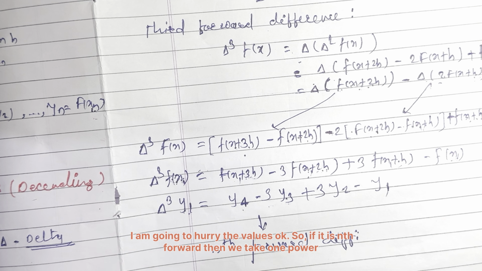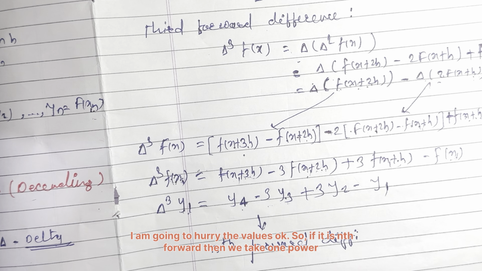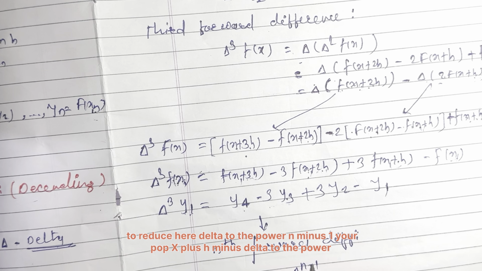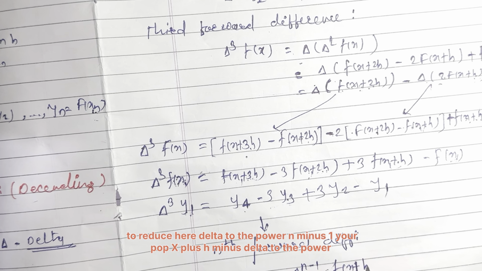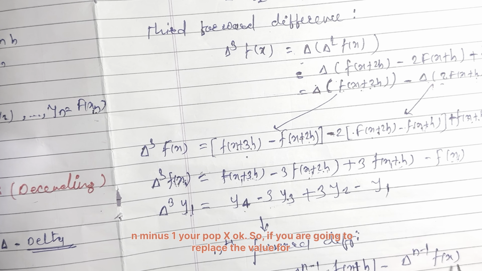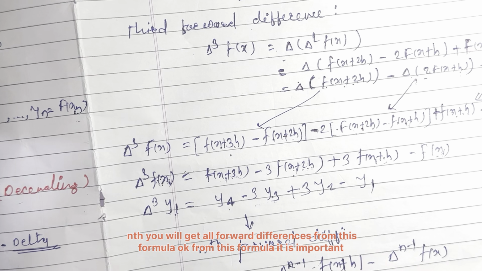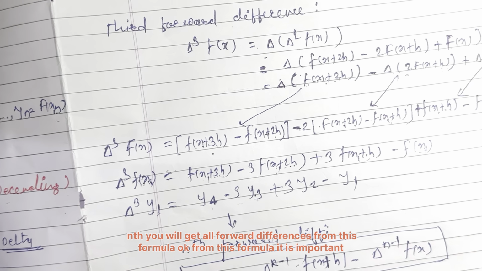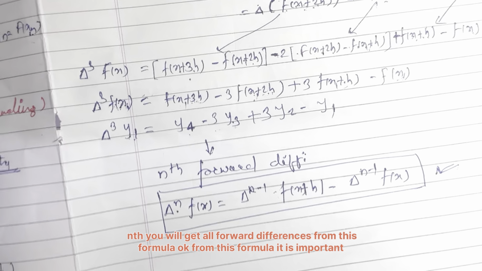Now see that I'm going to vary the values. If it is the nth power, then we reduce one power here: delta to the power n minus 1 of f of x plus h, minus delta to the power n minus 1 of f of x. If you replace the value for n, you will get all the forward differences from this formula.